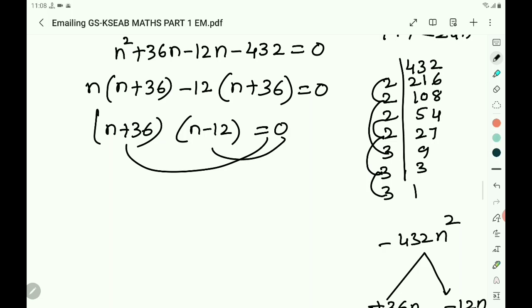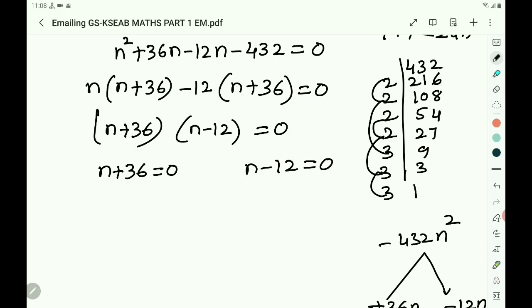Equate each factor to 0. n plus 36 equals 0, or n minus 12 equals 0.